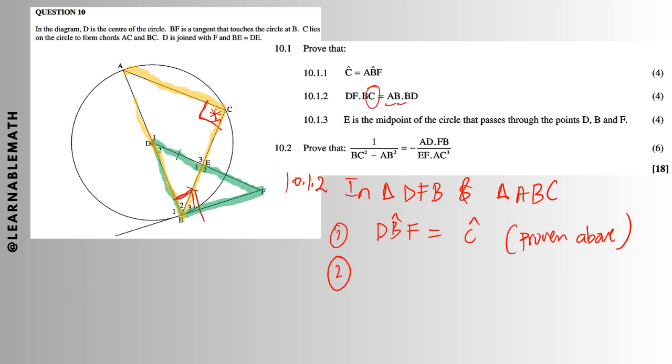Okay, to get the second angle, if you come and check something here, oh, I just deleted this, let me rewrite it. This must be in orange, please, like this. So if you check something, we are given that BE is equal to DE. Can you see? What do we know if two sides are equal?